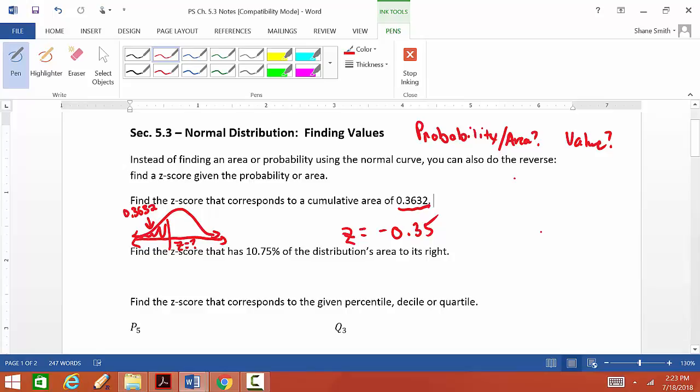Okay, let's find the z-score that has 10.75% of a distribution's area to the right. So this time they tell you it's to the right, and we'll change that to a decimal, 0.1075, meaning that the area to the left is 0.8925.